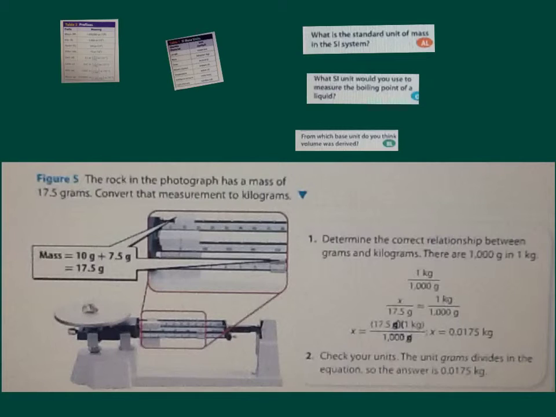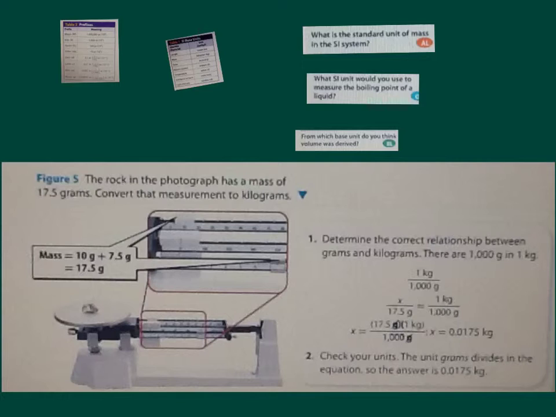So we want to take 1 kilogram and divide it by 1,000 grams. You want to do the multiplication. X over 17.5 grams equals 1 kilogram over 1,000 grams.